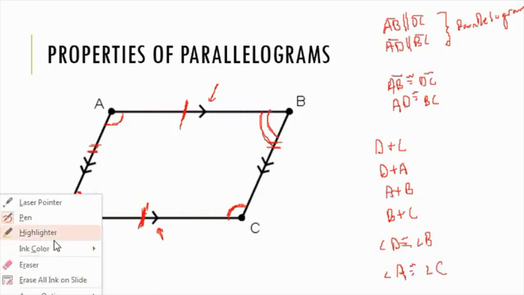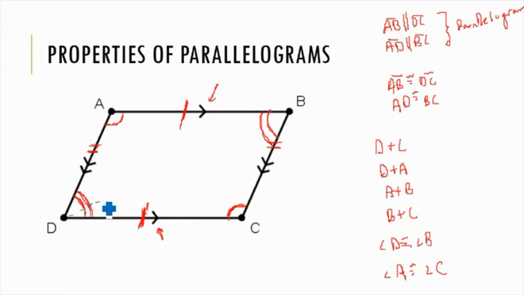And last but not least, let me change my ink color, the diagonals of the parallelogram bisect each other. So let's say they bisect each other at point E. That means AE is congruent to EC and DE is congruent to EB. That's the big one.